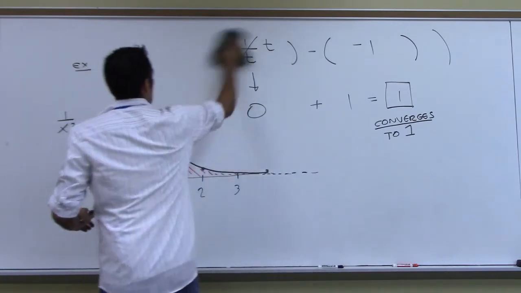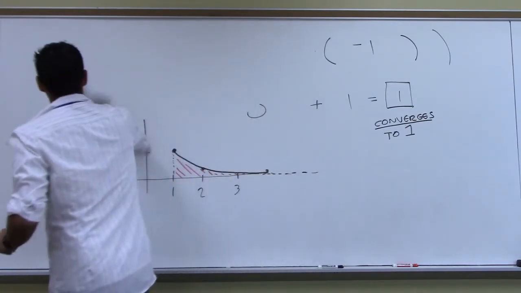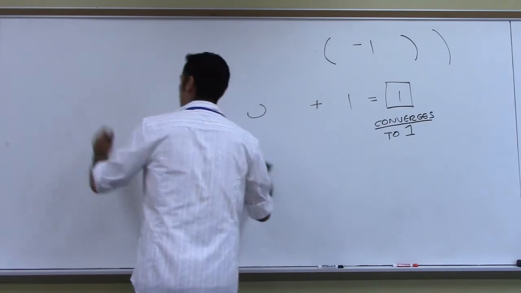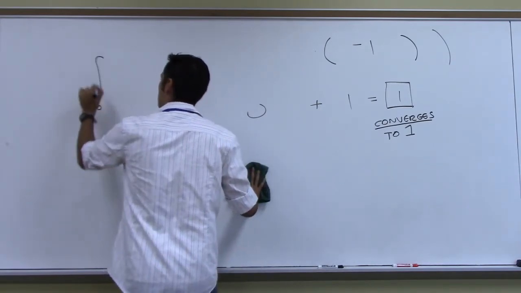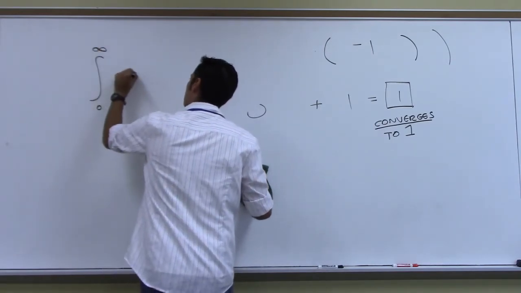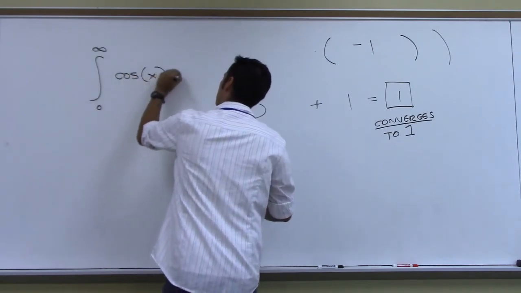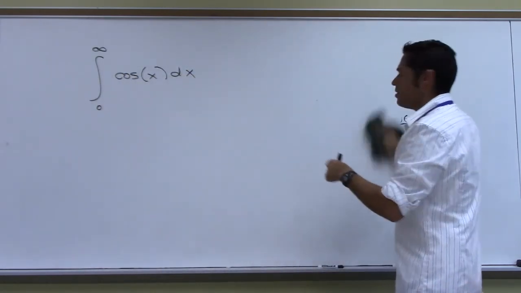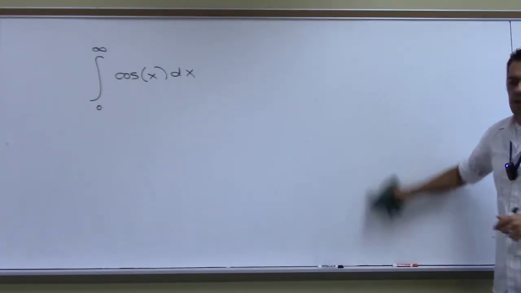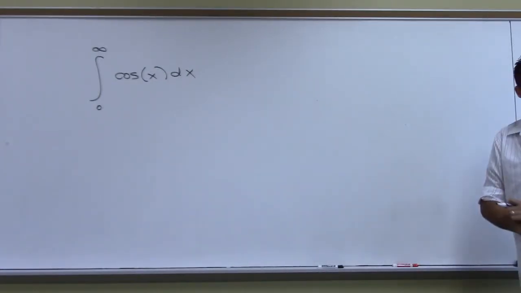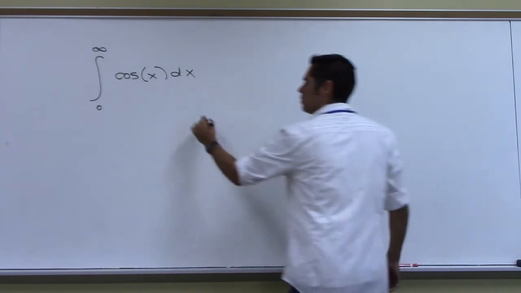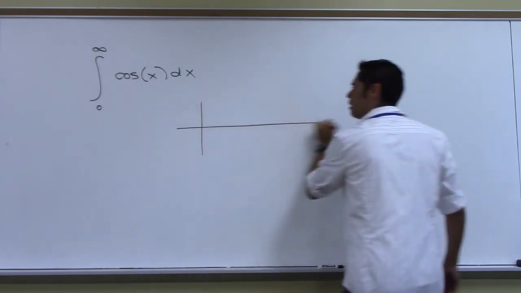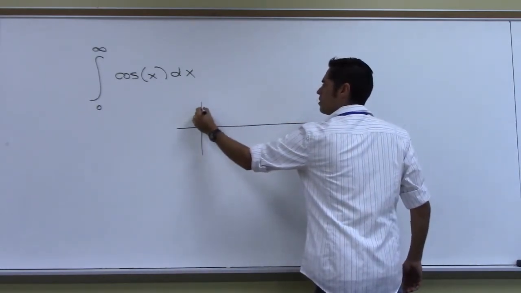I want you to think about this. You can start packing up. But I wanted to see what you thought of this. What do you think that's going to do? Think it'll be 0? What does cosine look like?